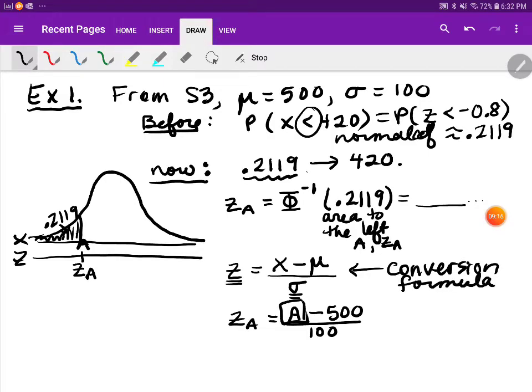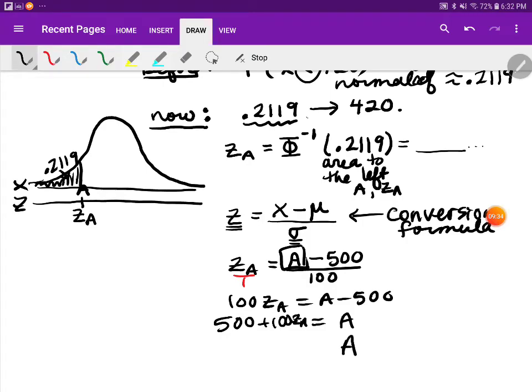How do you solve for this? You can cross multiply, so you get 100 ZA equals A minus 500. And then you solve for A, so that's 500 plus 100 times ZA. Then you can type that into the calculator, and it'll give you the approximate A value.